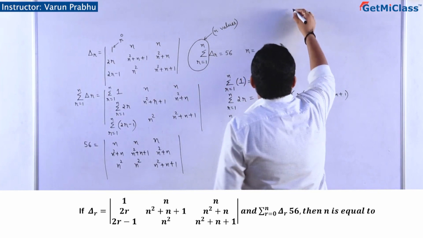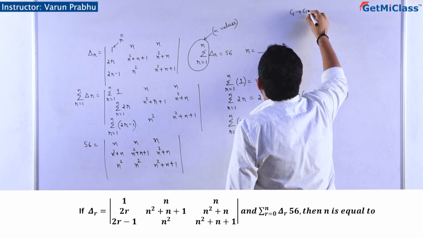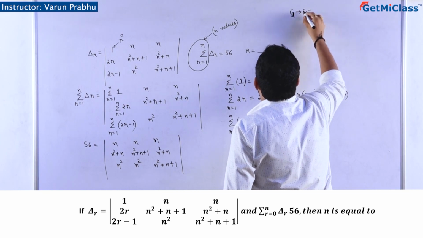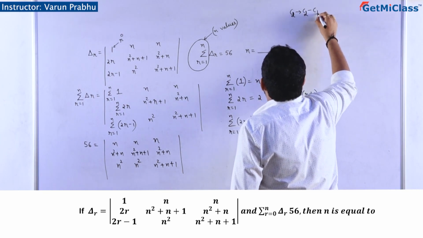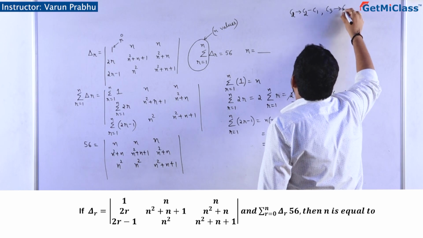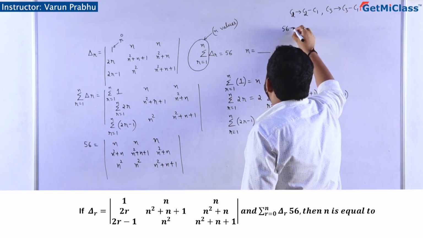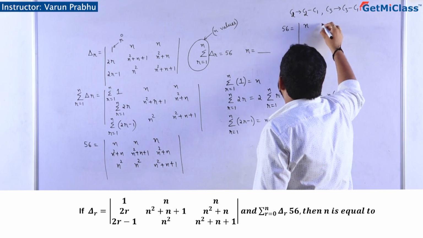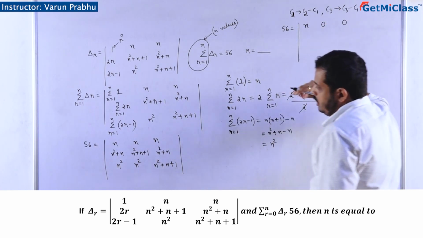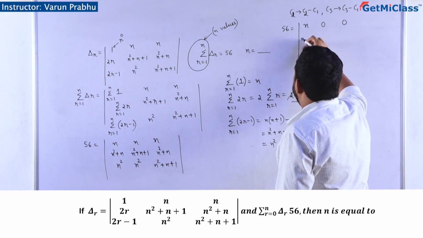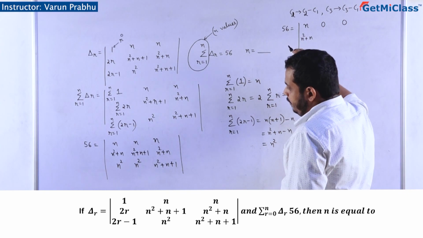Now, C2 transforms to C2 minus C1 transformation. C3 transforms to C3 minus C1 transformation. 56, that is equal to n 0 0 transformation here. Then this part will remain untransformed, n square plus n.